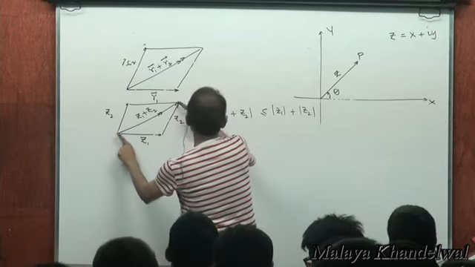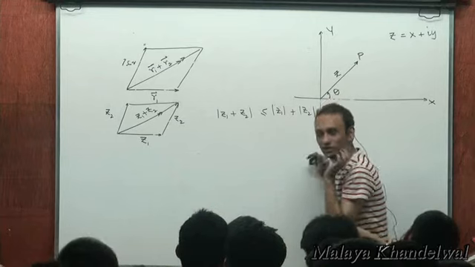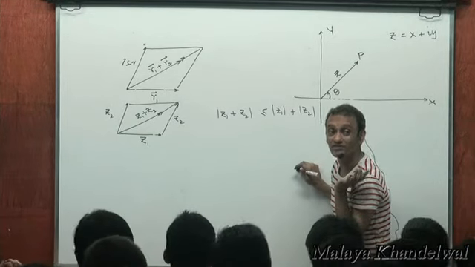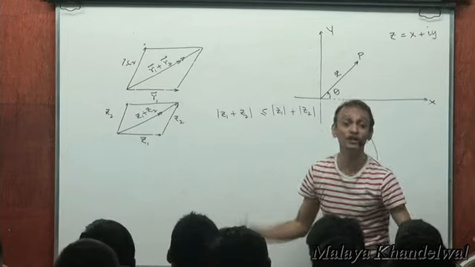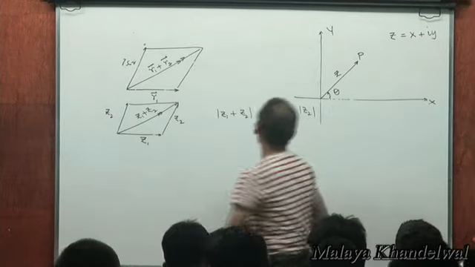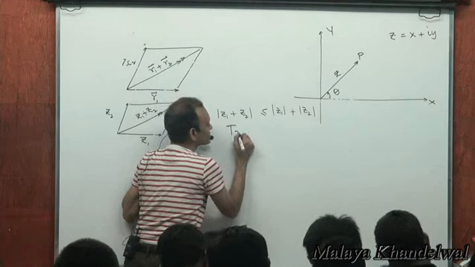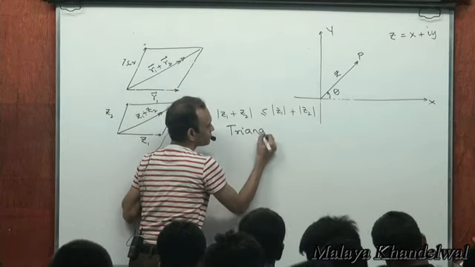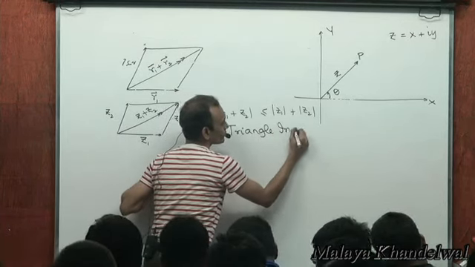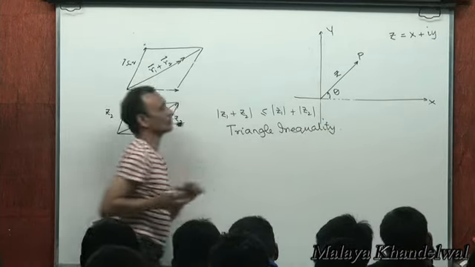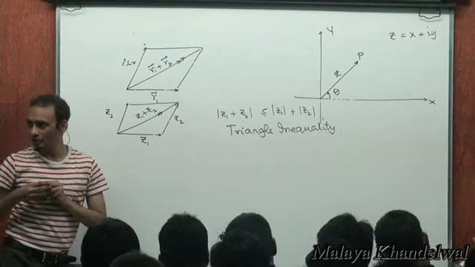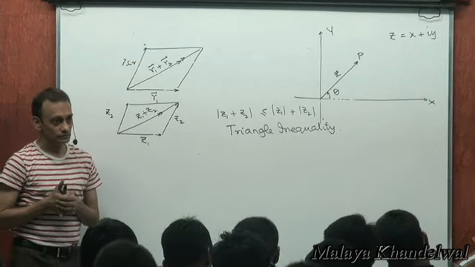This side of a triangle cannot exceed the sum of the other two sides of the triangle. Yes or no? Right? This is the triangle inequality in complex numbers. Clear?